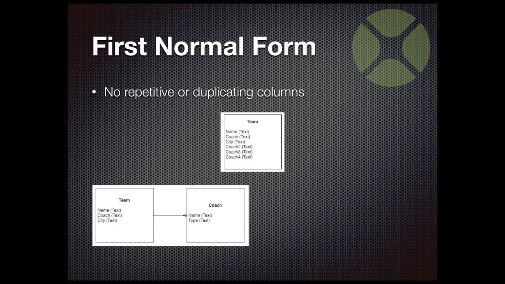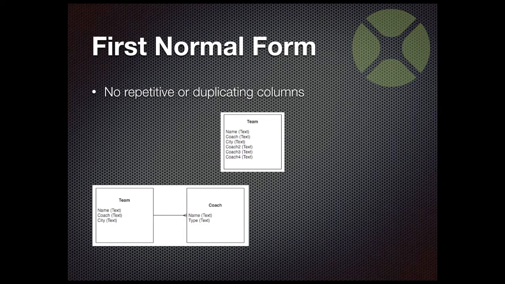So the way you would normalize it is to move this essentially repeating or duplicating data out into its own table. You would design it by removing those columns from the team table and adding them to a coach table, using our one-to-many relationship to say that a team may have one or more coaches.